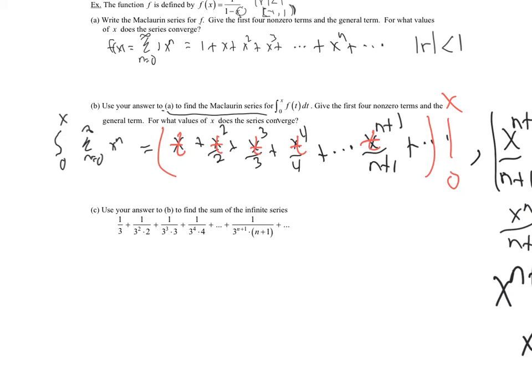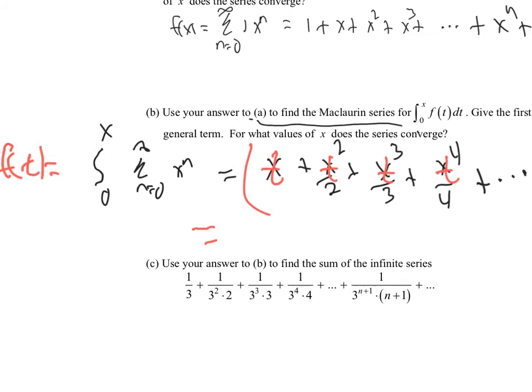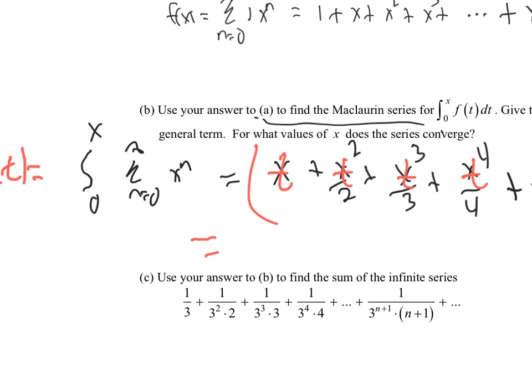So you're going to get the same answer I just had. This was supposed to be f of t. I wrote that right here, but I didn't. Should be t to the n.